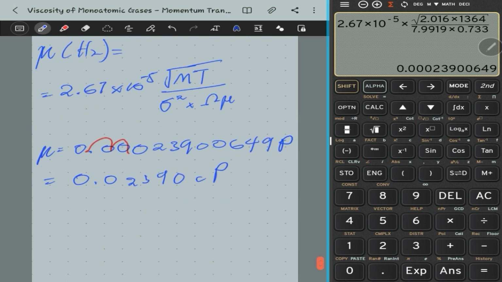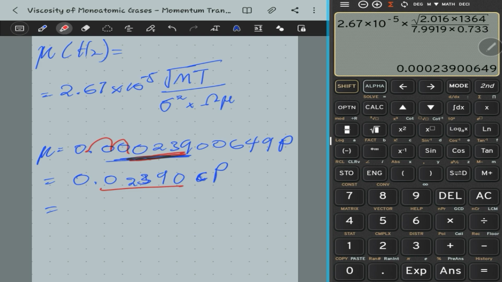And if we are asked to make it in Pascal-seconds, the units are very important. Remember, because we use the equation, what we actually get will be in poise, right? But when converted to centipoise, this is what we get.